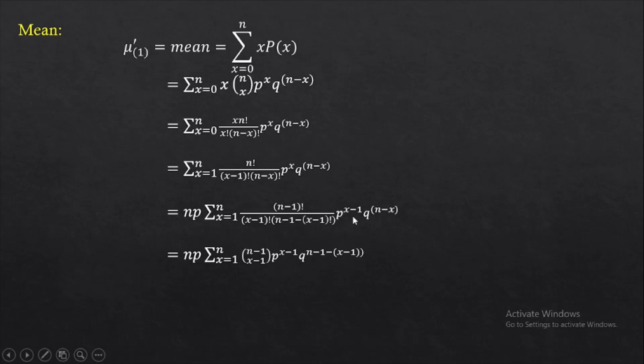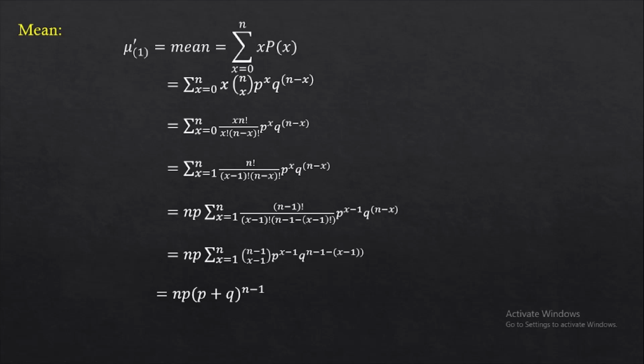So p^(x-1) q^(n-x) is here, we write it here. This is our binomial PMF. So (n-1)C(x-1) p^(x-1) q^((n-1)-(x-1)) we can write as (p plus q) raised to n minus 1.